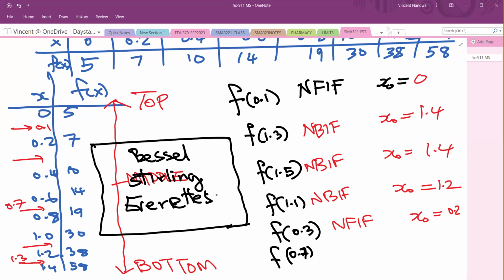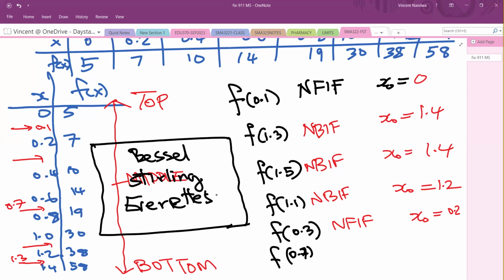If you have to interpolate values near the middle of the difference table, then Newton forward or Newton backward are not the best. They'll give larger magnitudes of errors. So the correct formulas to apply will be Bessel, Stirling, or Everett.